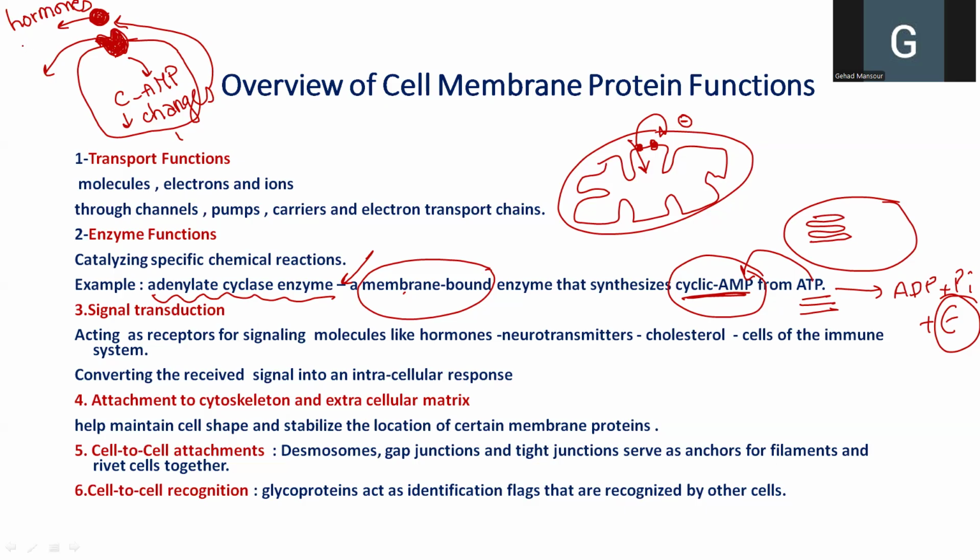They might be cholesterol. So these receptors, as I said before, help converting this binding that occurred with the signaling molecule into an internal change inside the cell, and this is what we call signal transduction.